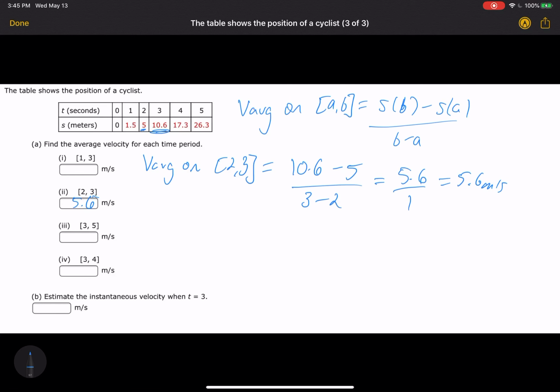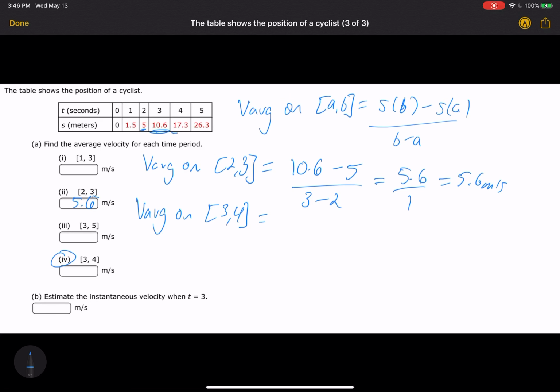And I'm not going to do all the parts because if you guys can understand what I'm doing here, then clearly you can do some of the other parts. So let me just do another example just real quick to show you. So V average on, let's say, now let's do this one right here, 3 to 4.